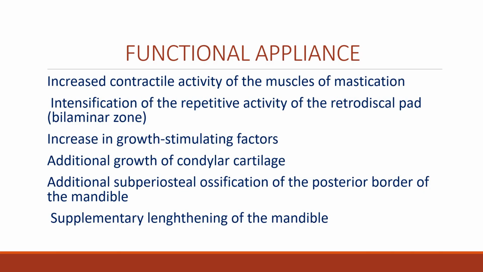However, regardless of exactly how they work, it is clear that in certain cases, these appliances can effect a tremendous change in the dental and skeletal relationships for a growing child in a relatively short period of time.